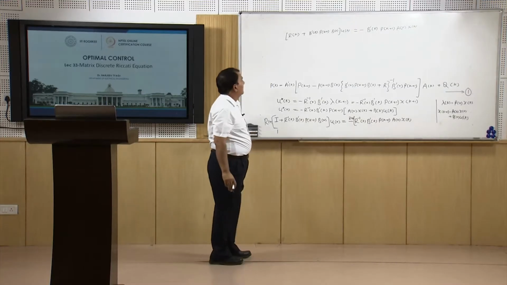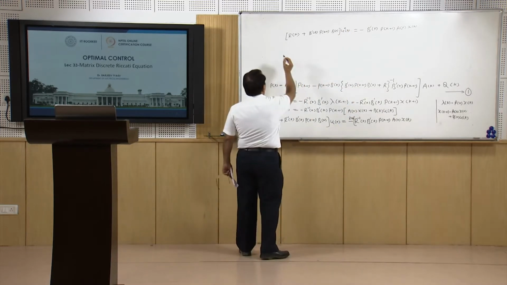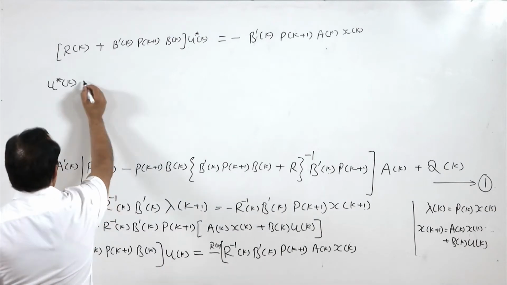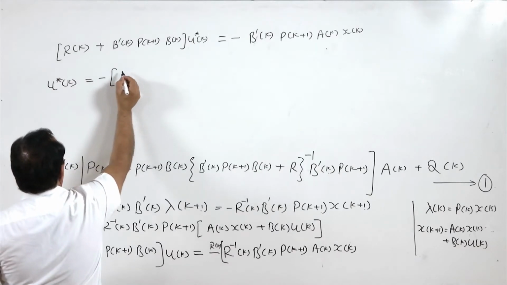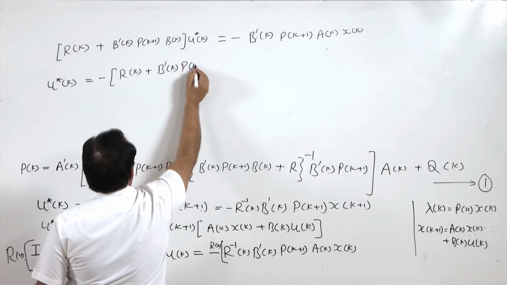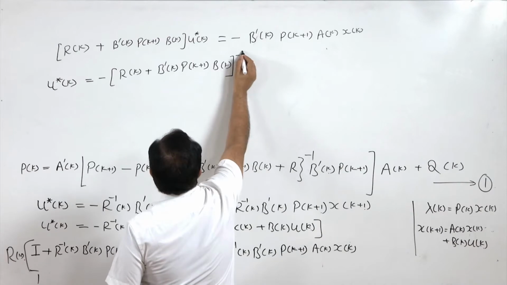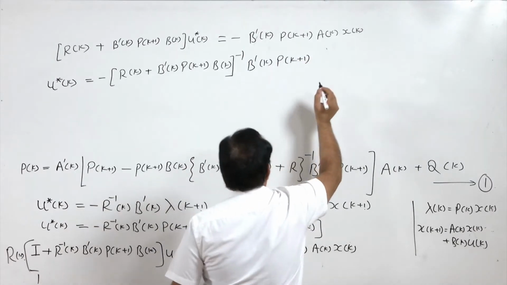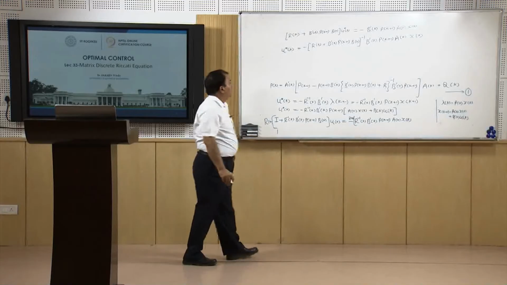Naturally this u is my optimal control. So I can write my u star k as just minus (R(k) + B prime(k) P(k+1) B(k)) whole inverse B prime(k) P(k+1) A(k), and this is multiplied with x(k).